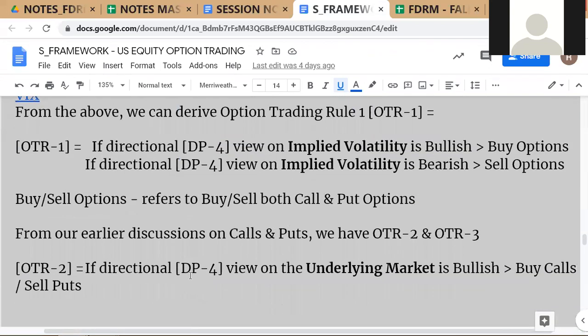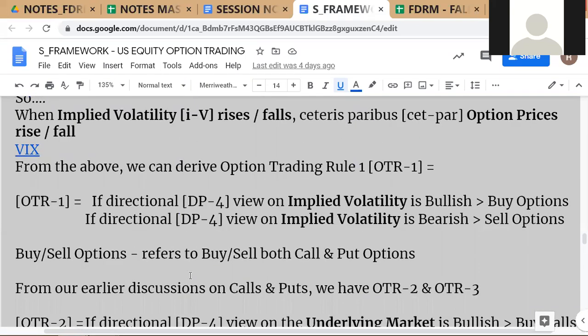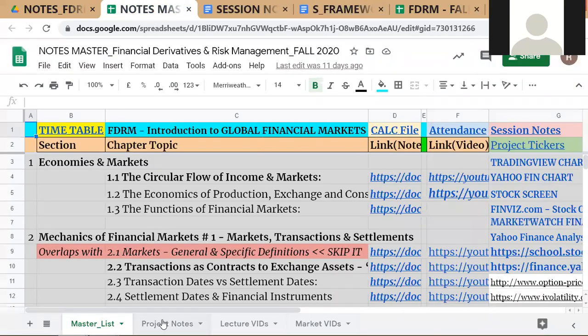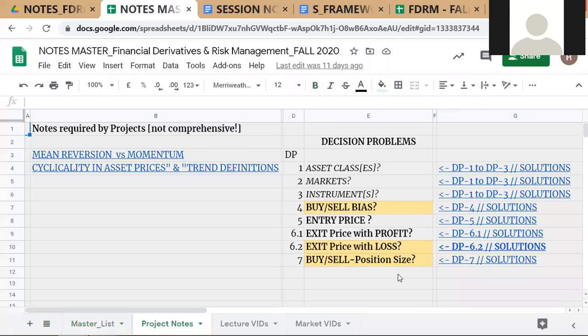And in the case of options, as you know, the decision problems are a little bit more complicated. Once you get into buying and selling of options, remember that when you do the listing of decision problems, when we started in our first course, we did this listing just for spot contracts.